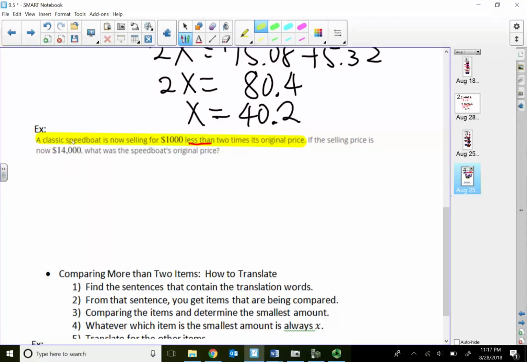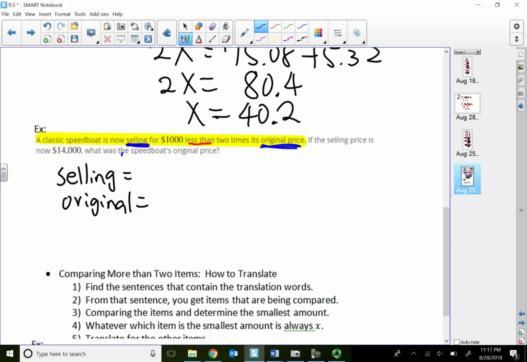It's simply saying a classic speedboat is now selling for $1,000 less than 2 times its original price. So literally, it's comparing the selling price with its original price. That's what we're comparing. We're not comparing two different boats. All right, so my two items are selling price and original price.